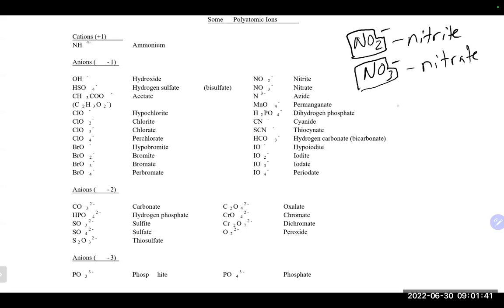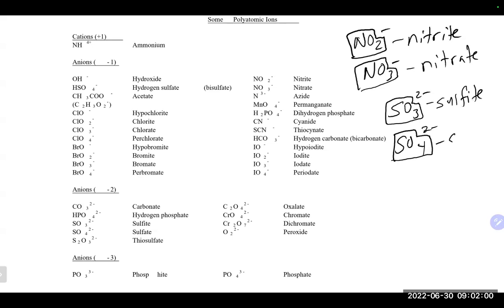If we look at something like SO3 2- and SO4 2-, once again, those guys all stay together. That's in the box. They both have a -2 charge. This first guy with the SO3 is sulfite. This guy is sulfate.